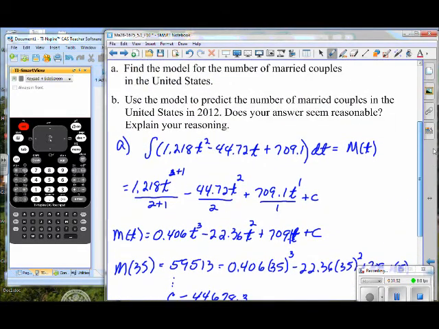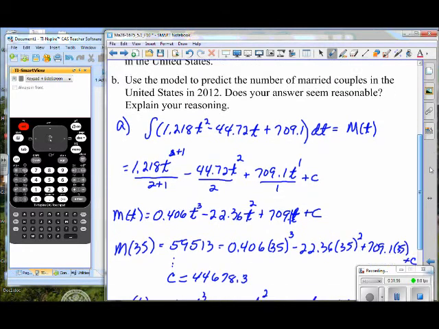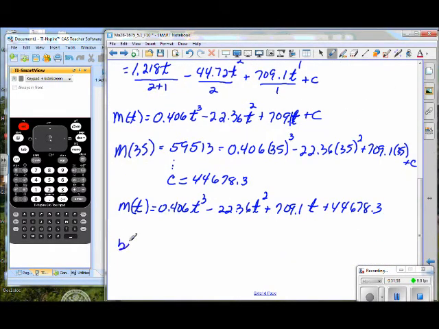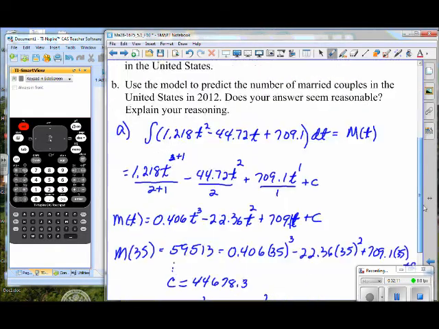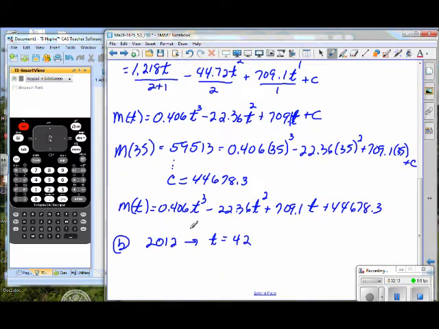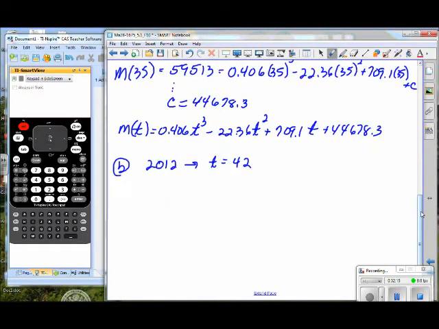And it says now use the model to predict the number of married couples in 2012. So in 2012, t then would be equal to 42 years, and again we're basing this on how many years since 1970, and so that's 42 years since 1970.